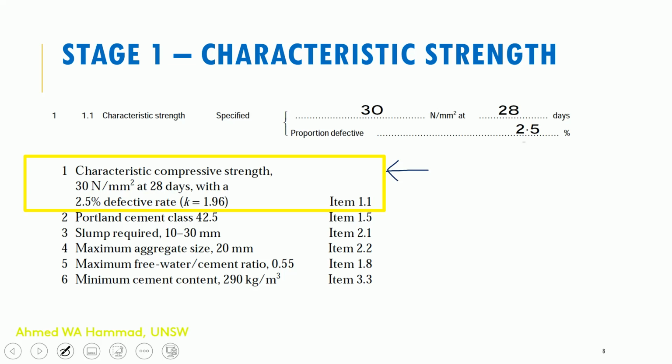So all you have to do is write the 30 in the space provided on the form, and it's specified at 28 days. And then the defective rate, again specified by the client, to be 2.5%.